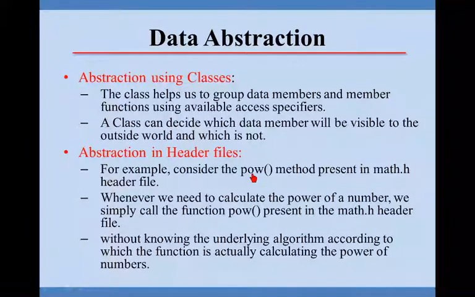I just need to know what parameters I need to pass and what return value the function gives. Whenever we need to calculate a power, we simply call the function pow with the parameters we need to pass. Without knowing the underlying algorithm by which the function calculates the power, I am just using it. This is called abstraction.